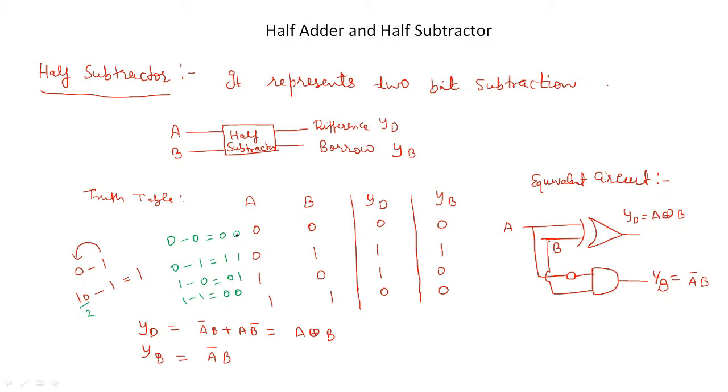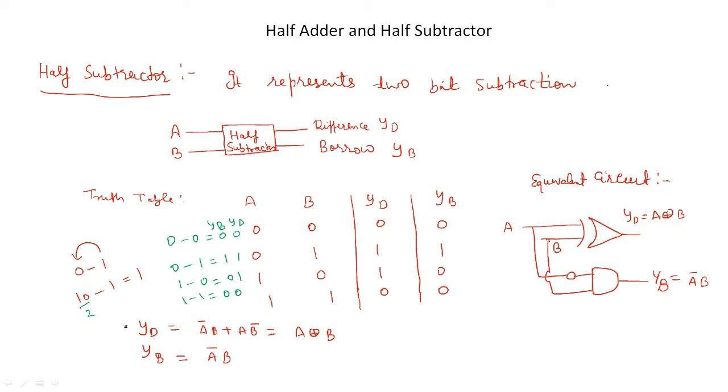So here you see that you can write borrow and you can write difference. It is like here you write sum and you write carry. So here you write borrow and difference in place of the sum and carry as in the half adder.